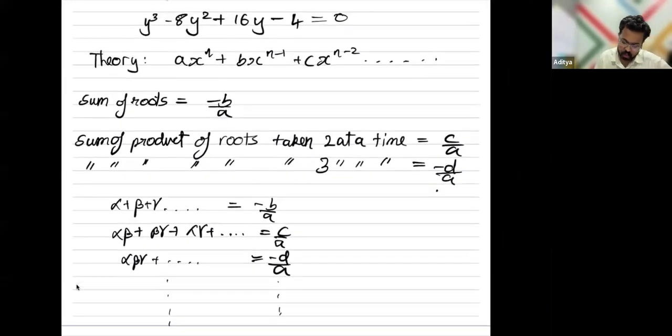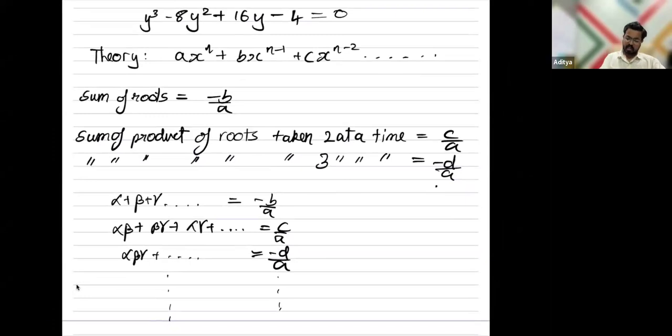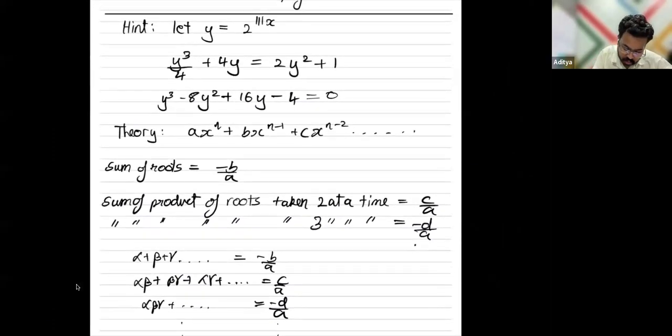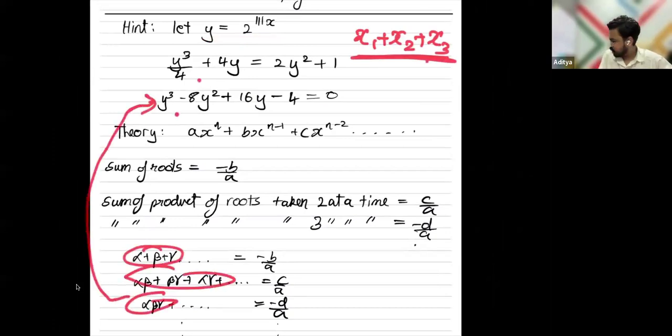Okay, so this was the substitution that I was talking about. After this, to realize that if you want x1 plus x2 plus x3, how to get it from the possible alpha, beta, gamma that are solutions for y over here?